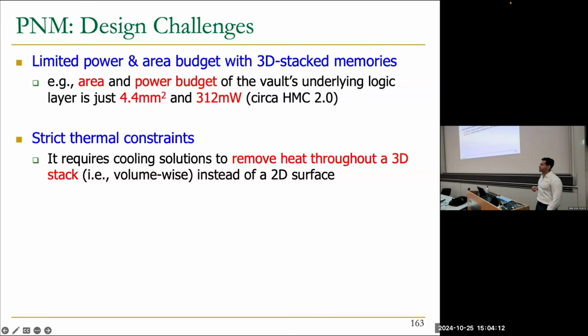The second problem is thermal constraints. You are not used to having heat sinks on top of DRAM chips, right? Heat sinks or active cooling are designed for processors or GPUs. So we want to keep the DRAM cool, otherwise we are going to lose the energy efficiency edge of processing-in-DRAM architectures.